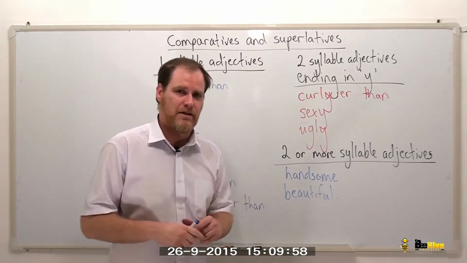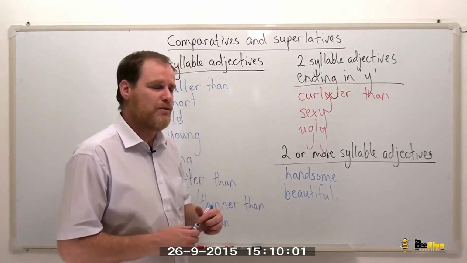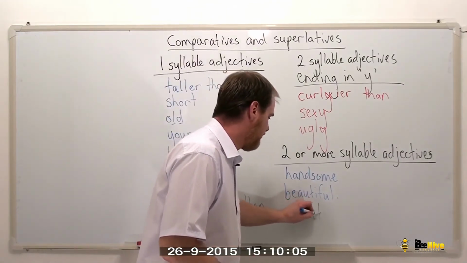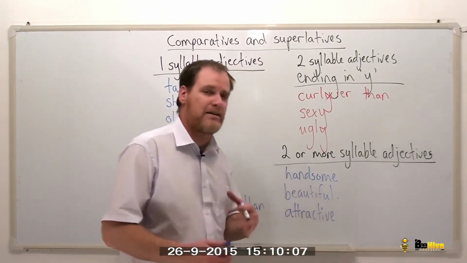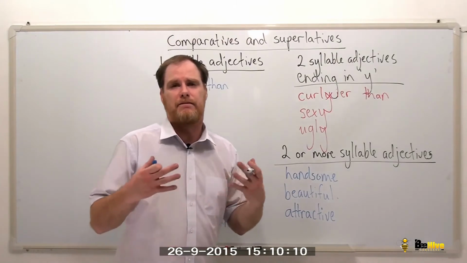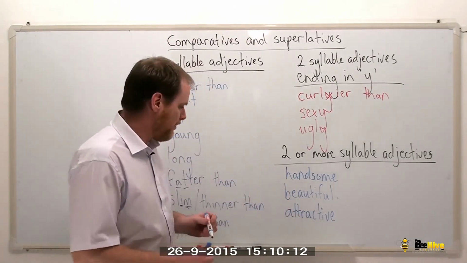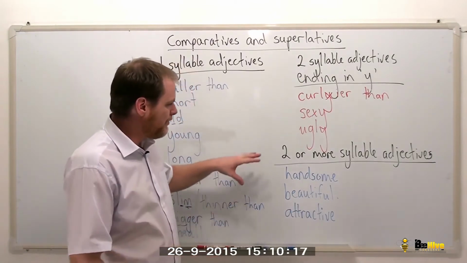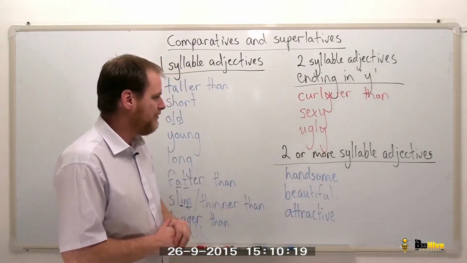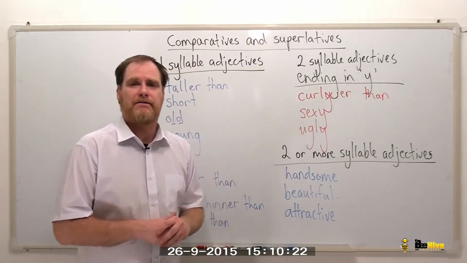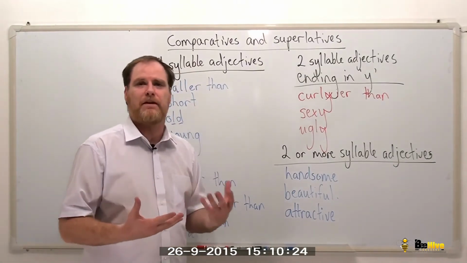Look, there's lots and lots of options here, but I'm just going to give you one or two more. For example, we can say attractive. Attractive is a word that means similar to this, but you can use it for both men and women. Okay, we'll leave it at three for now. Alright, so when we want to use two or more syllable adjectives to make a comparative, what rule should we follow?